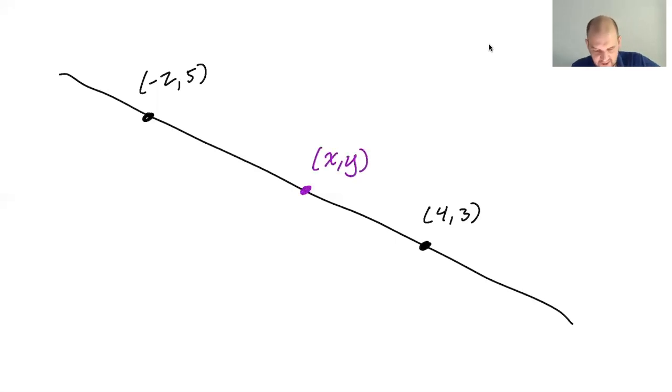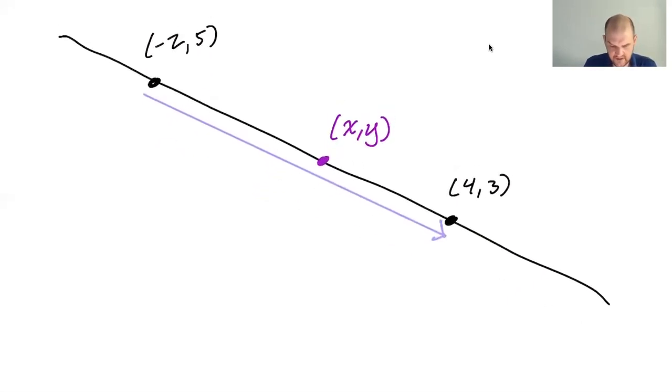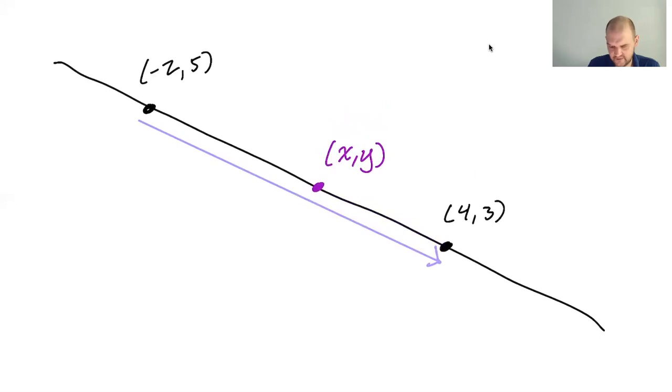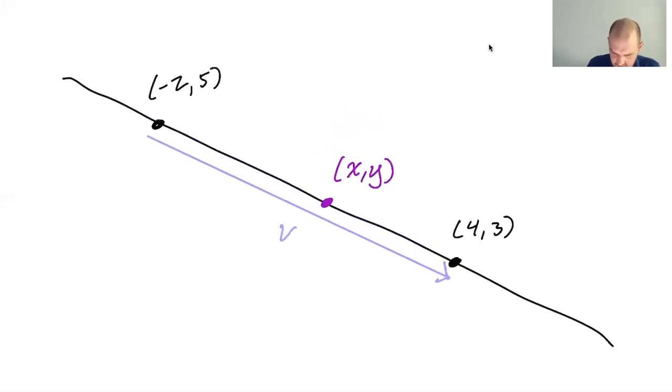If I make 2 vectors right now, the first vector that I'm going to make should clearly be this vector from here to here, right? I'm going to call that v.